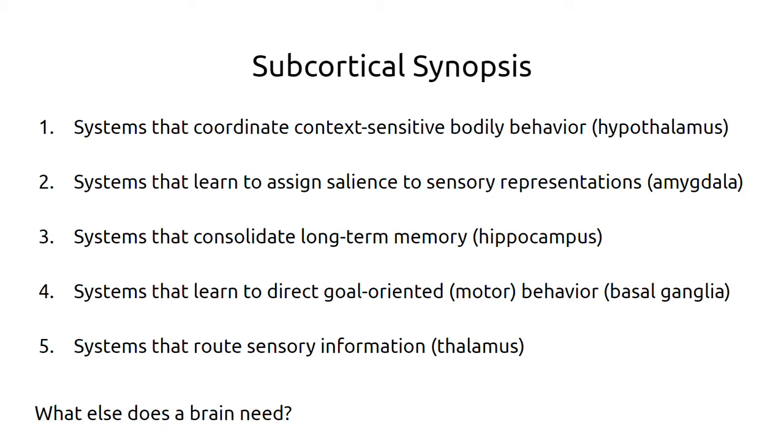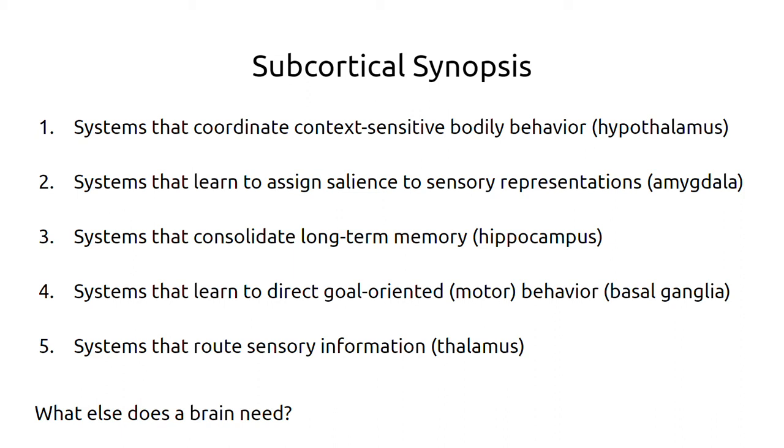We've got a system for coordinating context-sensitive bodily behavior. That was the hypothalamus. We've got something that assigns salience, particularly emotional salience, to sensory representations: this is an important thing, be scared of it; this is an important thing, really like it. That's the amygdala.